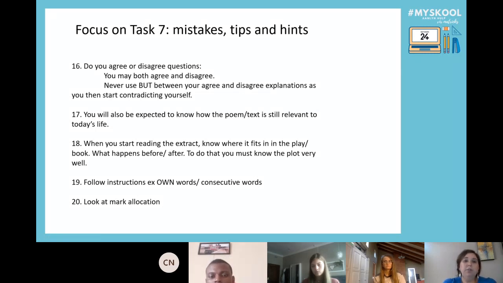Number 17, you will also be expected to know how the poem or text is relevant to today's life. They often ask that. This play was set in the 1980s. Is it still relevant, Dube? The whole play, ma'am.